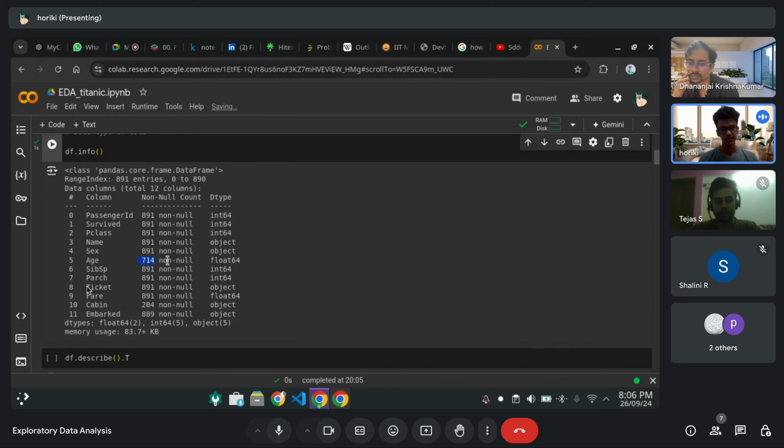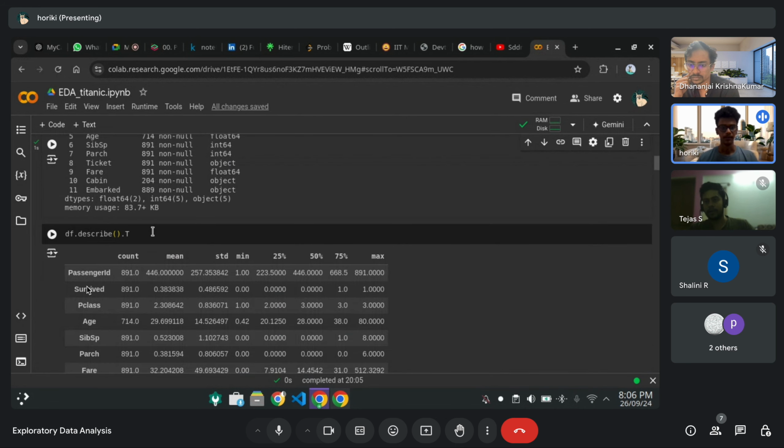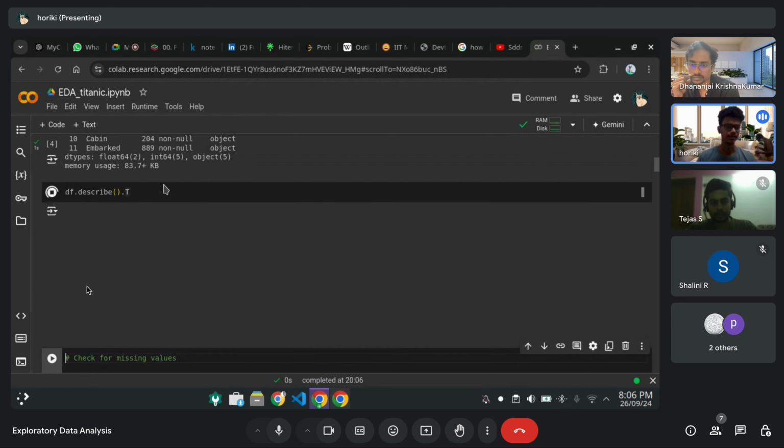Age also has some null values but not as many. There are some mistakes, like this is flawed; this is supposed to be int since age is usually written as a whole number. Then we use describe to see various things about the table.